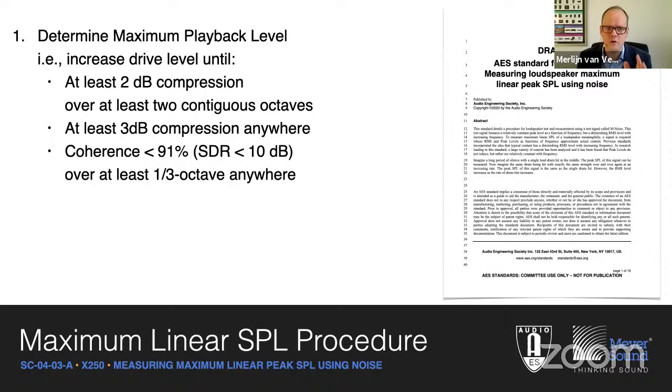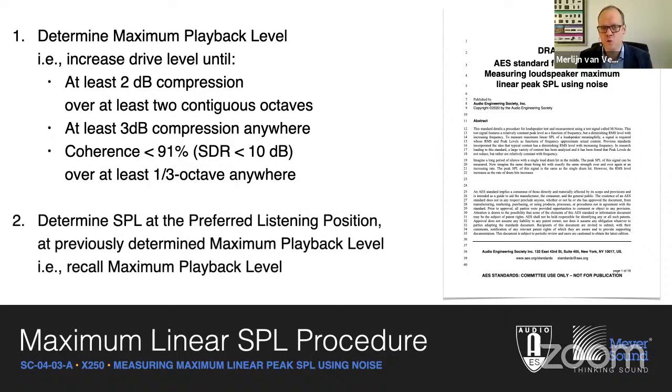And once you've determined that maximum playback level, all that's left to do is to recall that level and now determine the SPL at a preferred listening position. In the interest of a datasheet, this could be 4 meter in an anechoic chamber, and then reference back to 1 meter. But it could also be used just as well for validating the performance of a commissioned loudspeaker system.